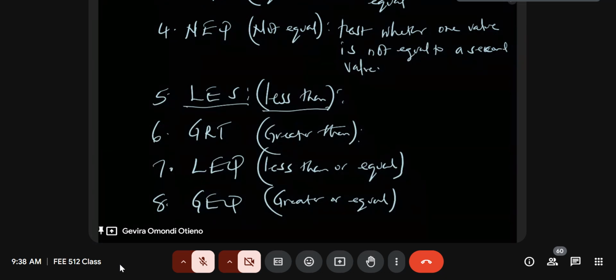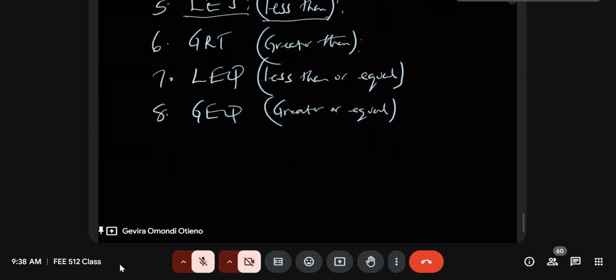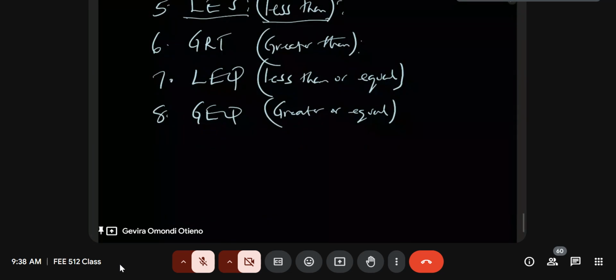Okay? So these instructions, ladies and gentlemen, are very important. You have to know how to draw them as a ladder diagram. The operation of the test is known to you because you've done maths from kindergarten. Okay? So, for example, what I mean is, if I was to compare whether two values are equal or not, then you have to just know that all I have to do is draw a ladder diagram.